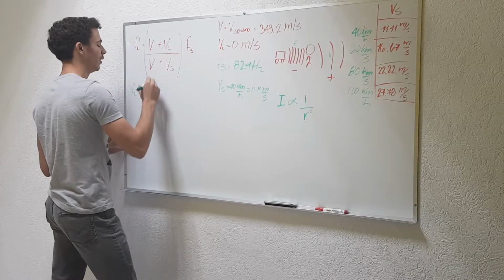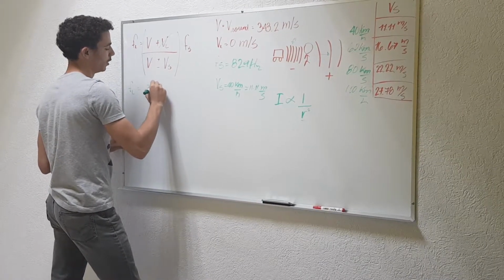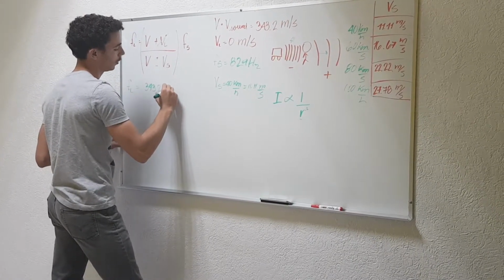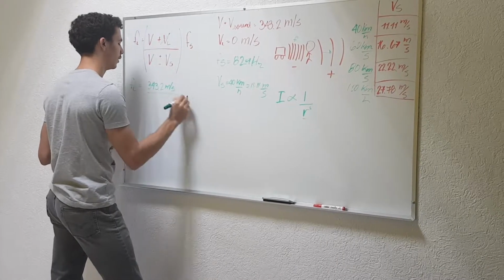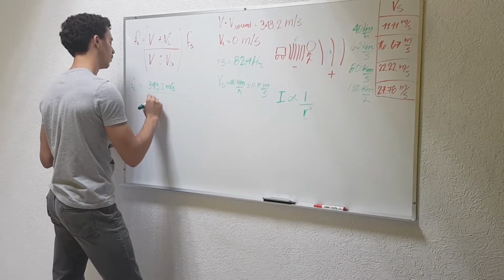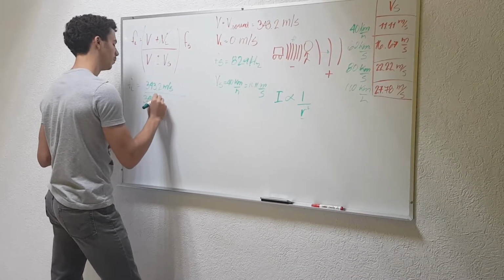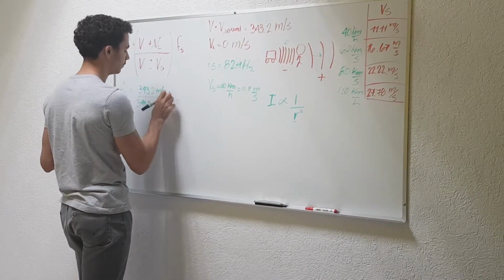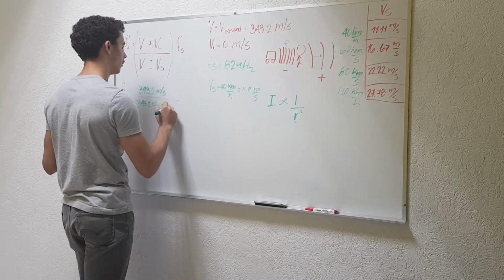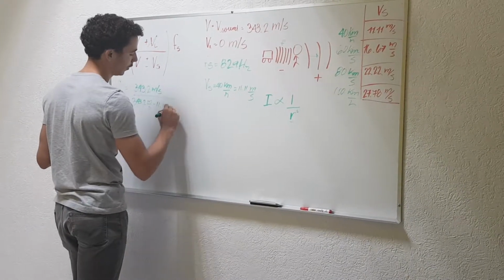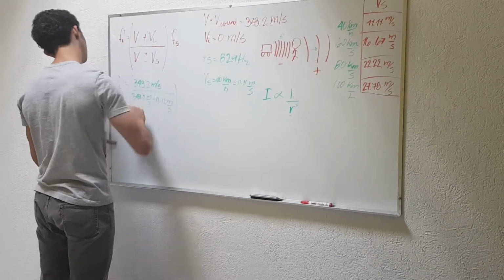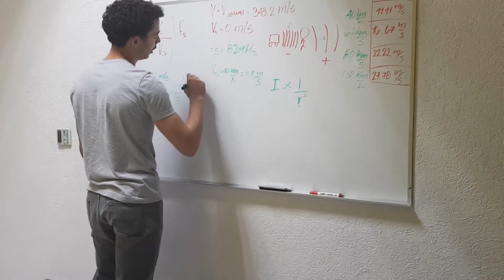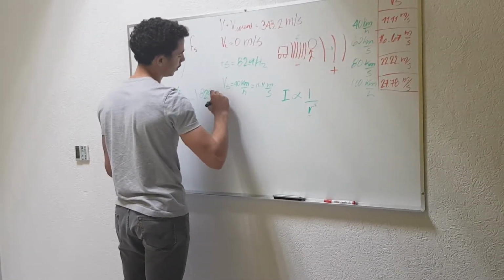Meaning that the listener's velocity is 0, so we have 343.2 meters per second divided by 343.2 meters per second minus 11.11 meters per second, all that multiplied by 829 hertz.